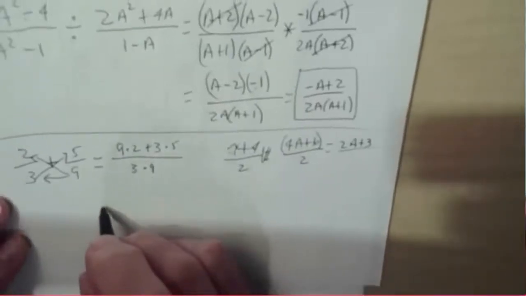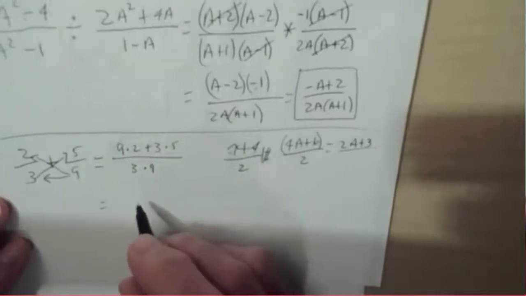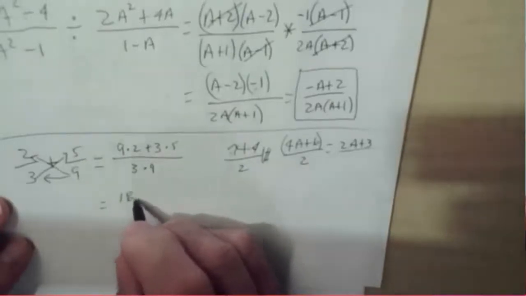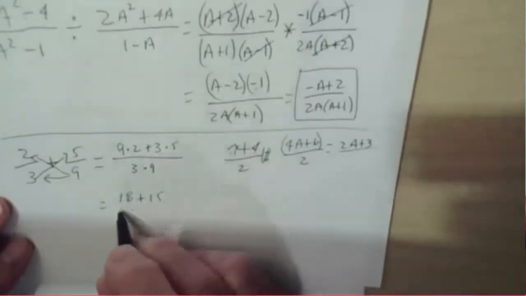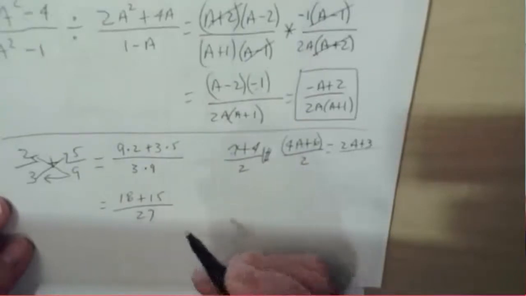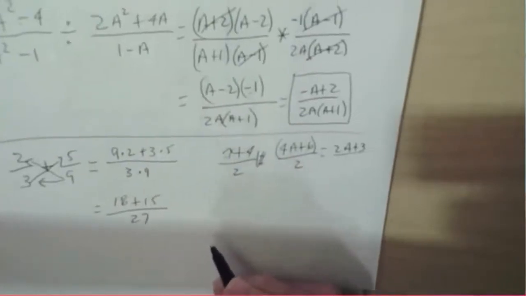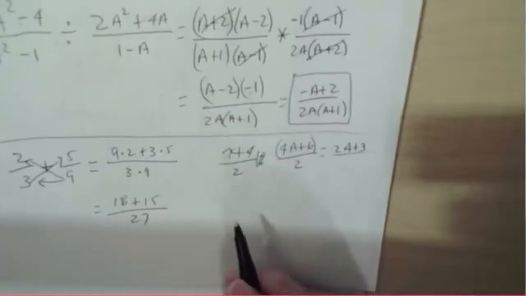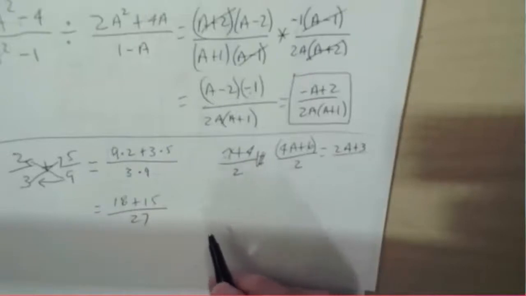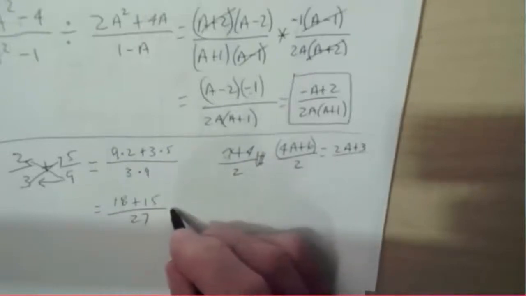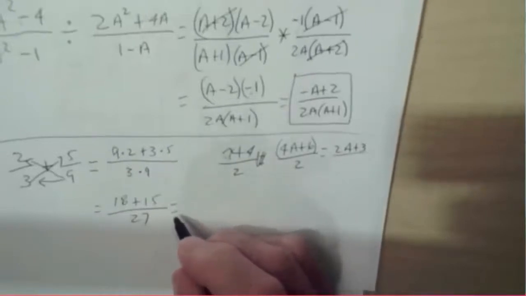We have 9 times 2, which is 18, plus 15 over 27. We can do that, which is equal to, what is it equal to? 43.